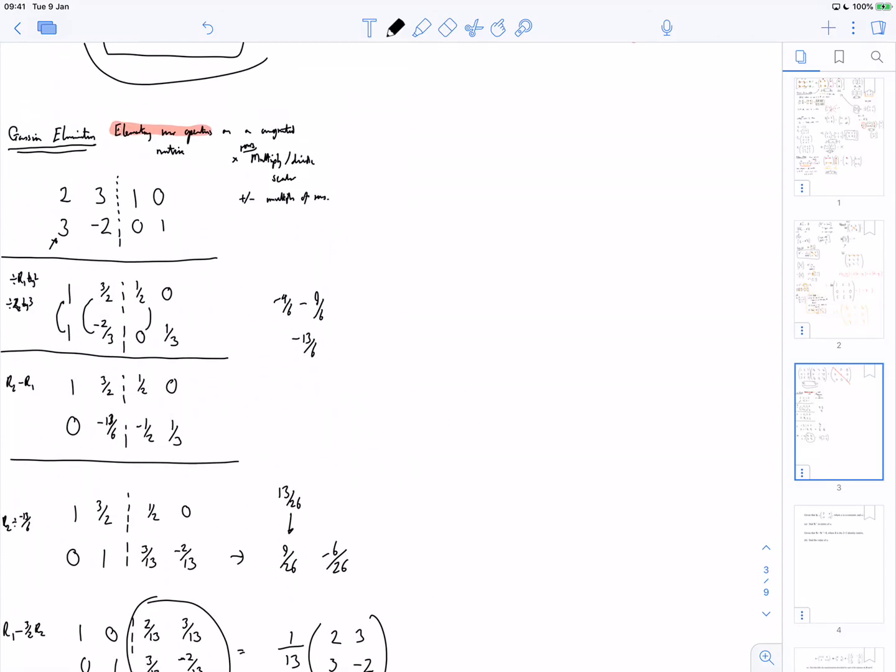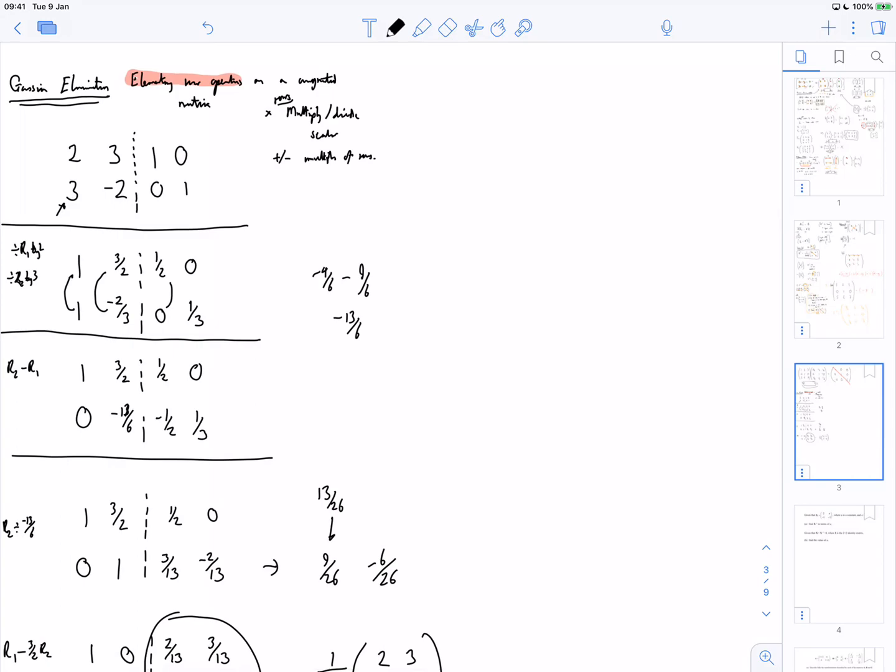Now, this looks really long and lame, but essentially this is what computers do, and they do it a lot quicker than I do it, and you can also program computers to do this really well. And the trick of it is for Gaussian elimination, you always divide by the first term to make sure the first terms become 1.